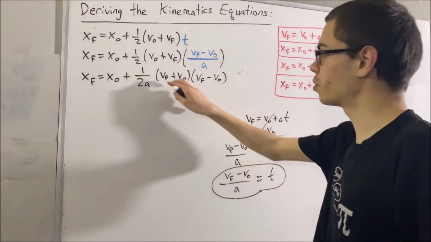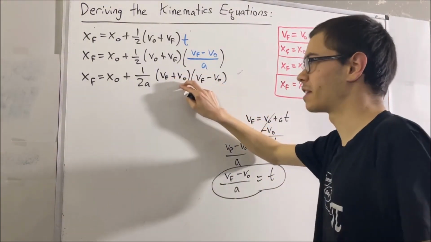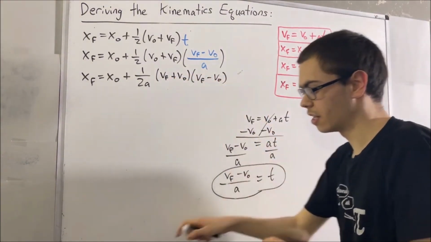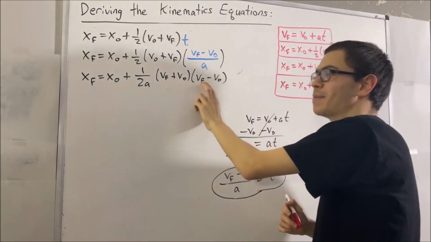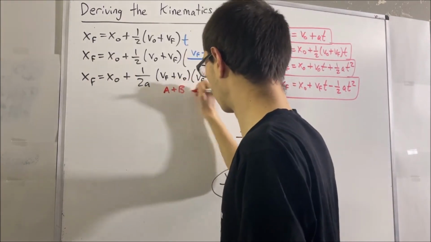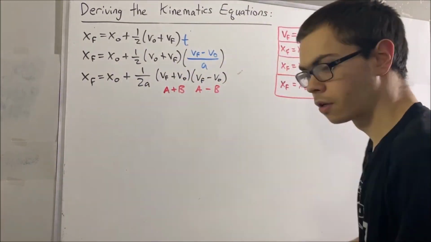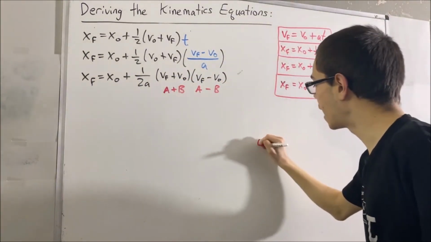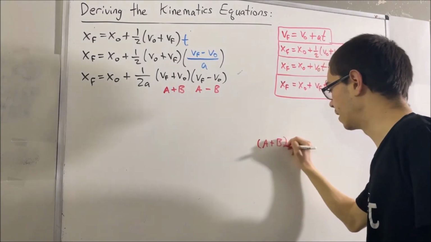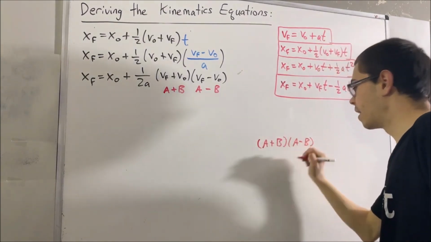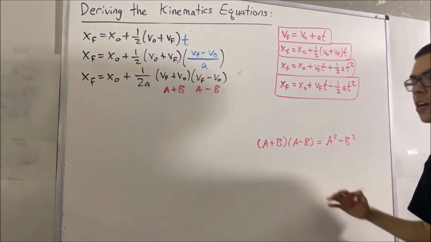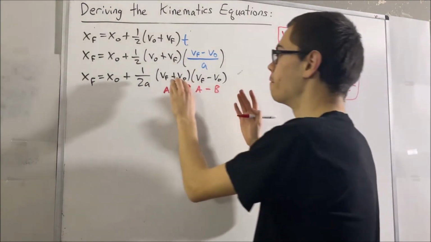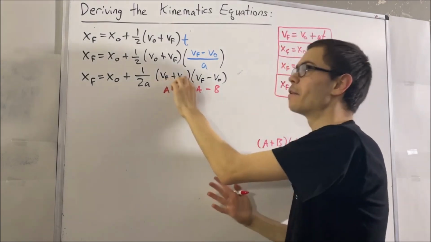And notice, this is really just vf plus v naught times vf minus v naught. In other words, it's in the form of a plus b times a minus b. If you recall, whenever we have something like a plus b times a minus b, this really just gives us a squared minus b squared. So really, this is just vf squared minus v naught squared.